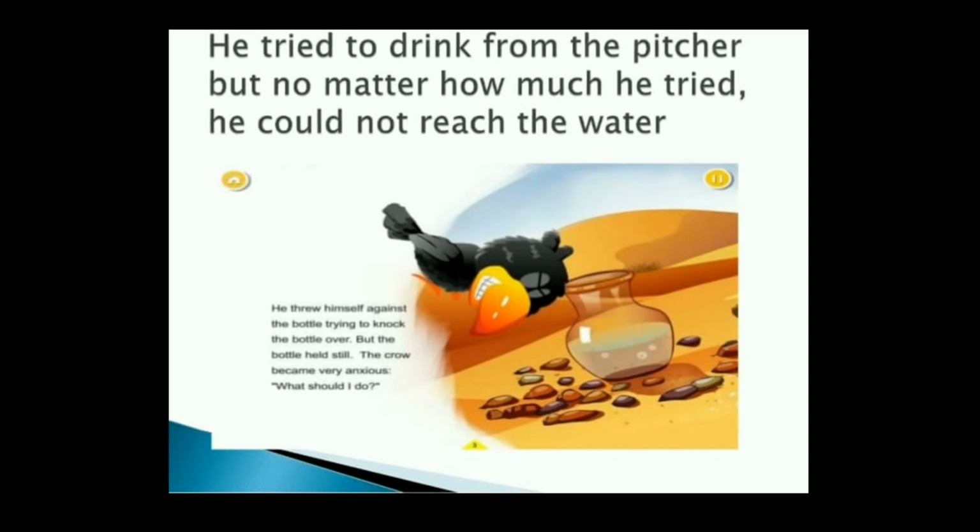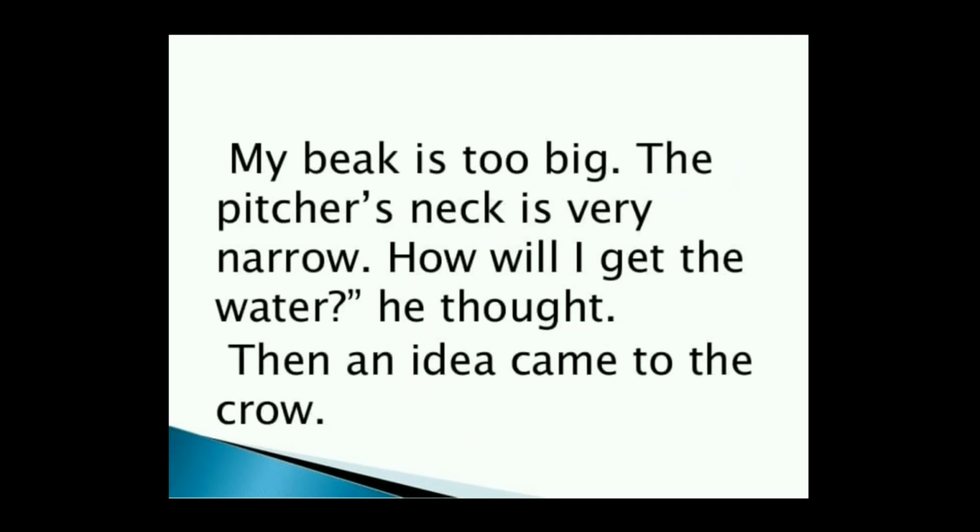He tried to drink from the pitcher, but no matter how much he tried, he could not reach the water. He threw himself against the barrel, trying to knock the barrel over. But the barrel held still. The crow became very anxious. "What should I do? My beak is too big. The pitcher's neck is very narrow. How will I get the water?"